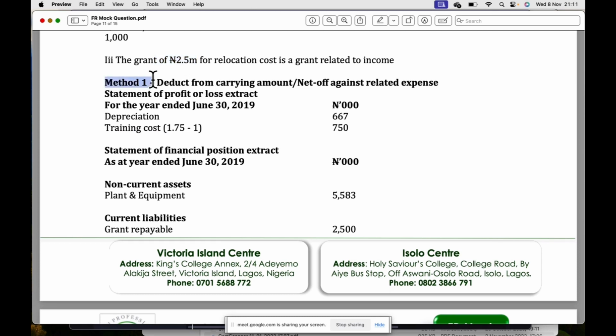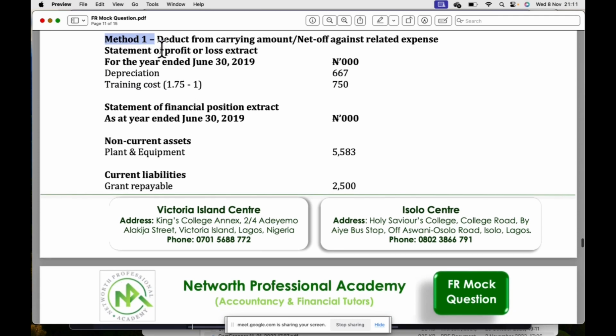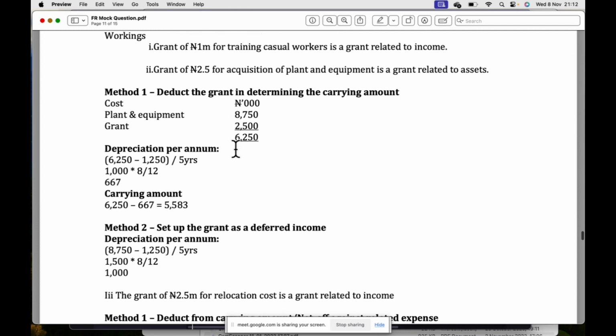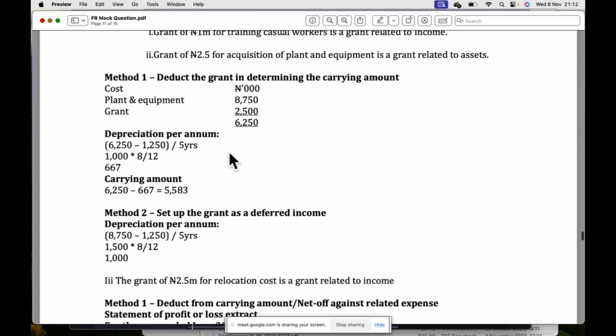So that's method 1. Now, still method 1, let me prepare my statement of financial position as at the year ended. The assets, plant and equipment, we calculated the carrying amount. Where is it? Method one. Yeah, as 5583.